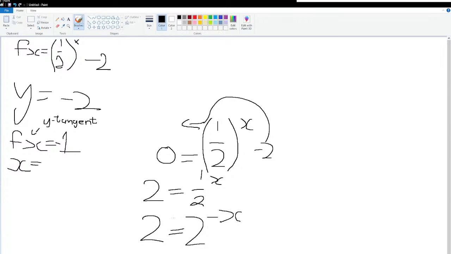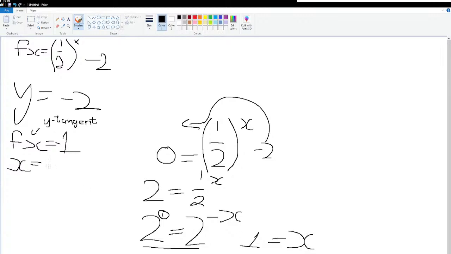Now, since our base values are the same, both are 2, and the left 2 is to the power of 1, we can just work with the exponents. So since this side's power is 1, x is equal to 1.